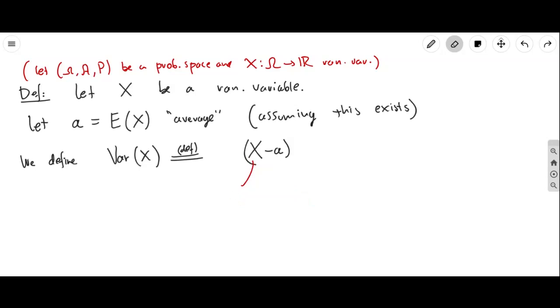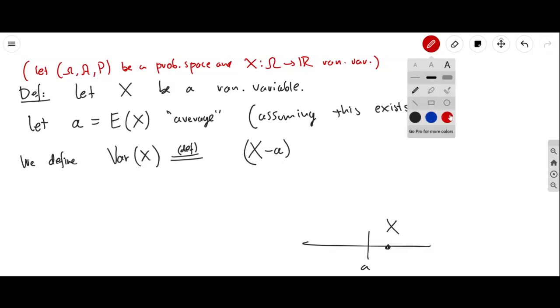Because the idea is you're trying to find the spread. So this is the average, and this is one possible value of x. X can be really anywhere on the interval, but this is one possible value of x. And you want to measure the distance between the two. So you do x minus a.